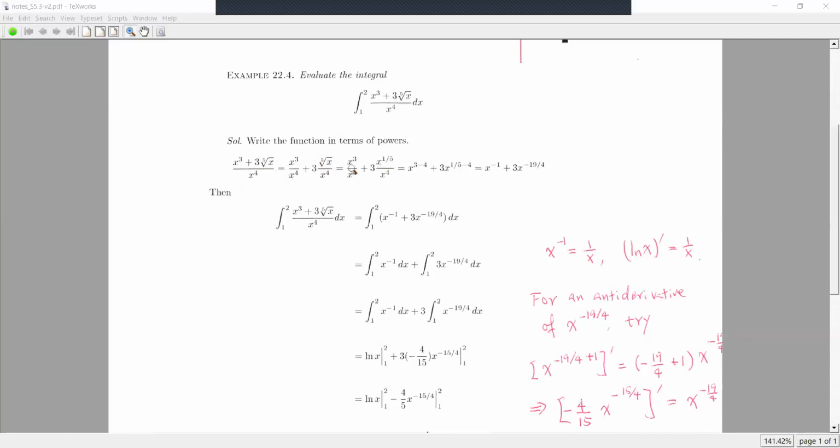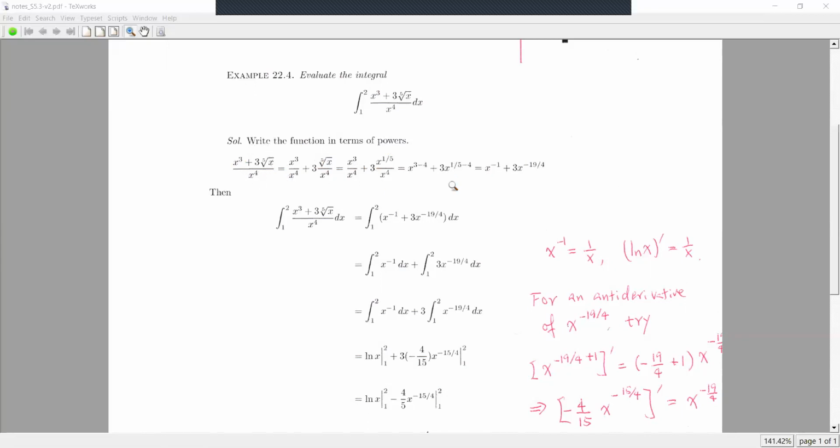The first term, x^3 over x^4, is x^(3-4). Basic algebra. The second term, x^(1/5) over x^4, is x^(1/5-4). Now simplify, then we get the function.